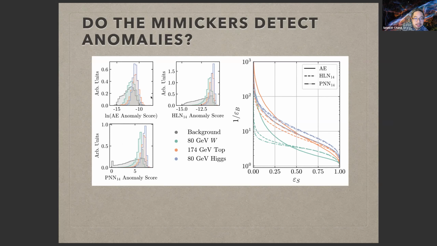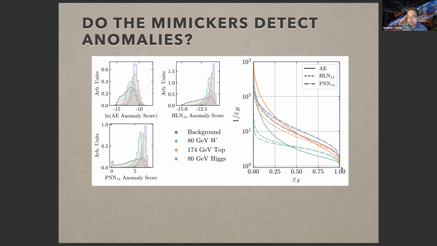And again, the signals are more to the right. If you look at the equivalent anomaly score for our Lorentz-paired neural network, the signals are to the right, as they should be. Same thing with the high level network. They're 2 different techniques, but they have the same kind of separation power.